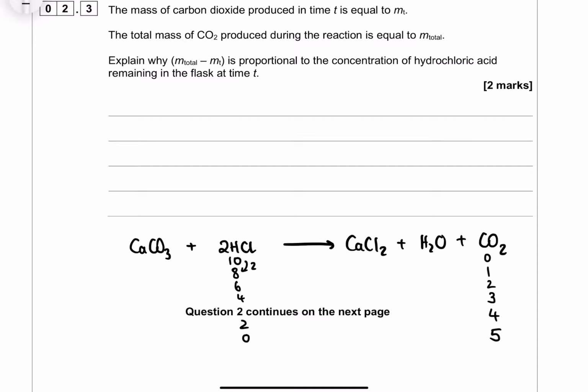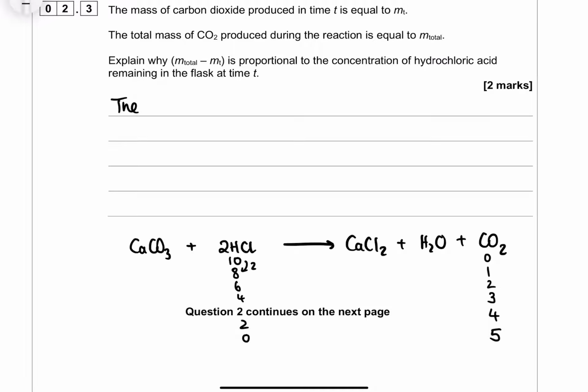So the mass of CO2 produced is proportional to the amount of HCl that has reacted because of the ratio of the balanced equation.